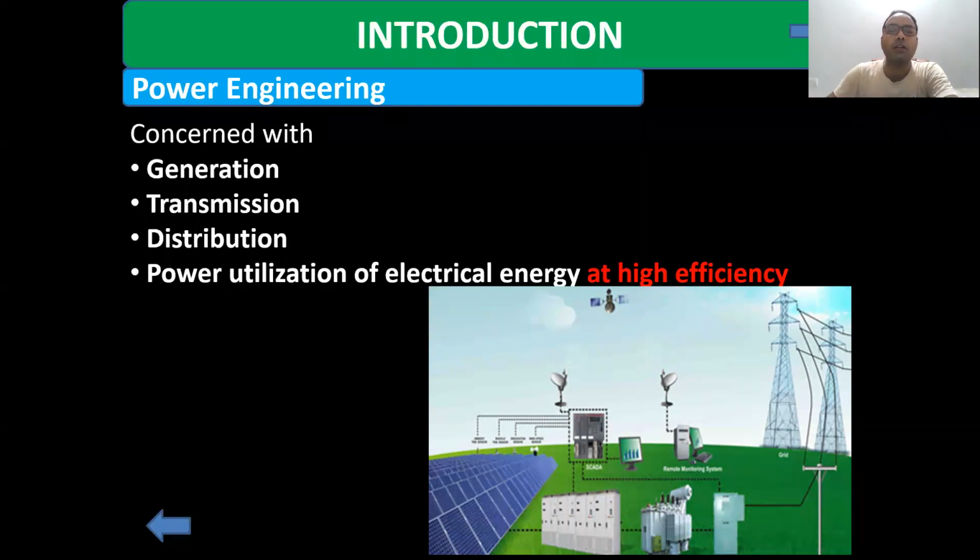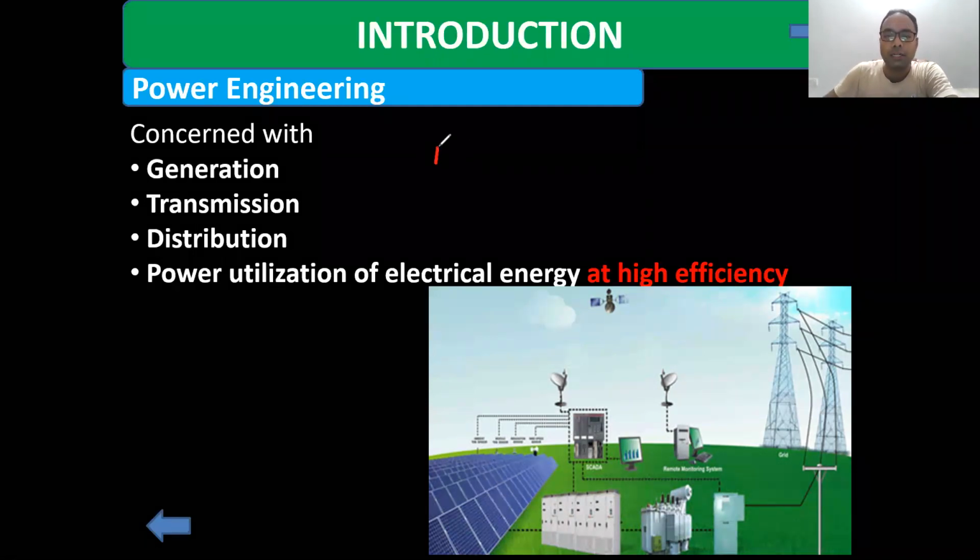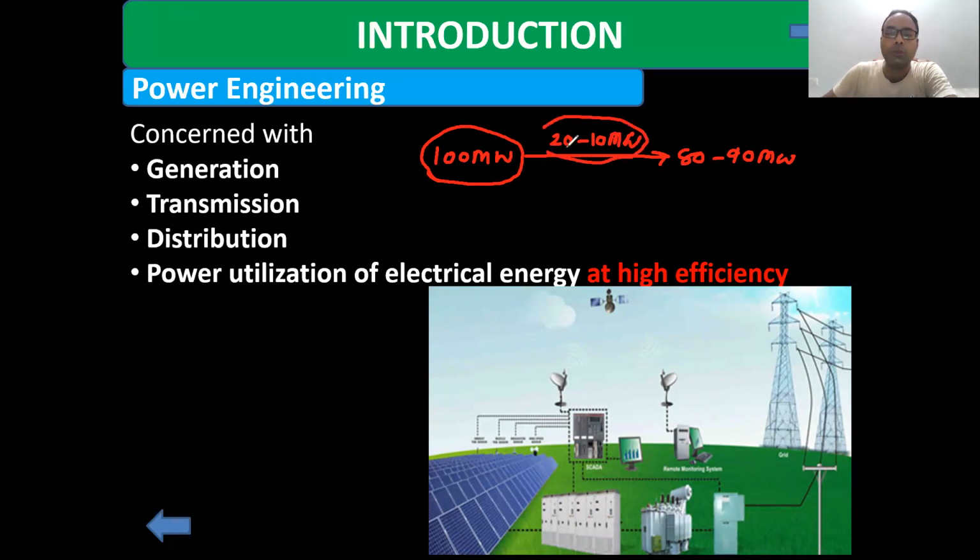Because if we generate, let's say, 100 megawatt of power, then at least 80 to 90 megawatt should be utilized, so we can use the full amount of generated power. Otherwise we will not get the proper output power, right? The 10 to 20 percent or megawatt lost is due to the transmission process.